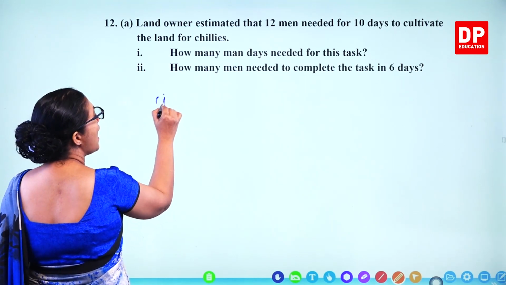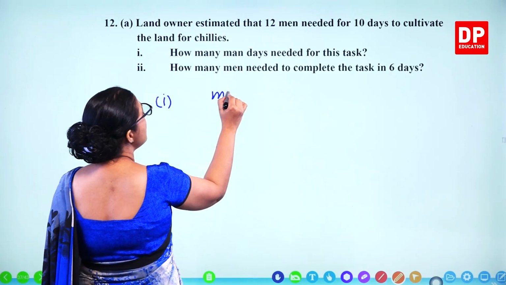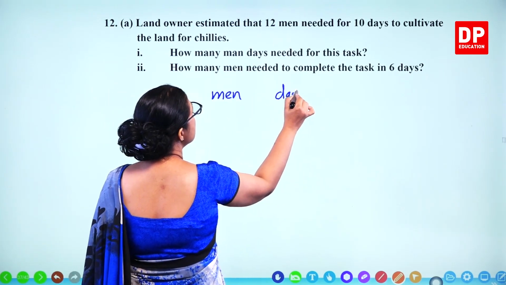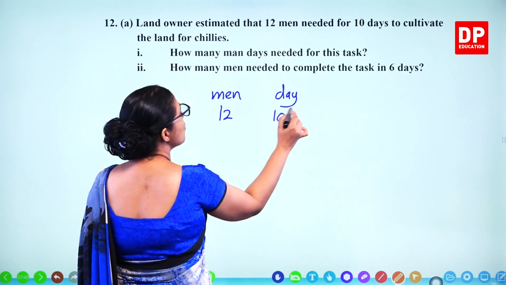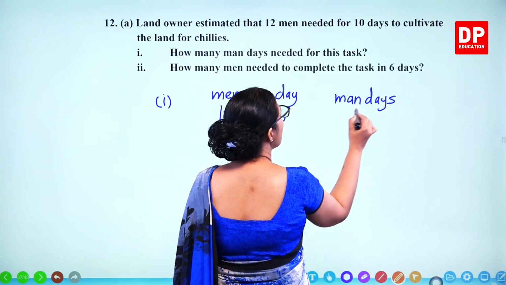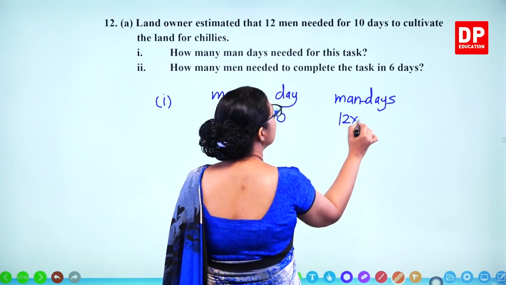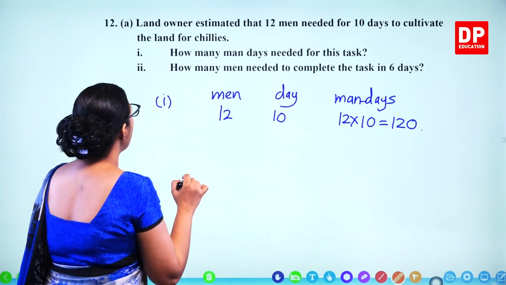How many man days are needed for this task? 12 men, 10 days. So how many man days? 12 times 10, 120 man days are there.